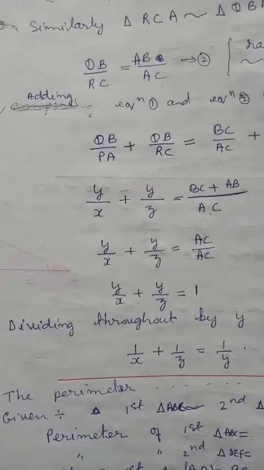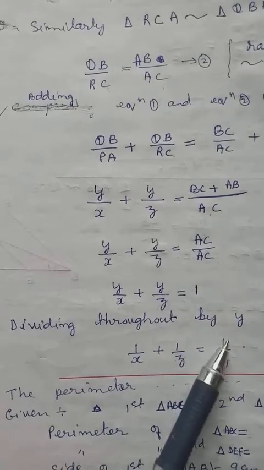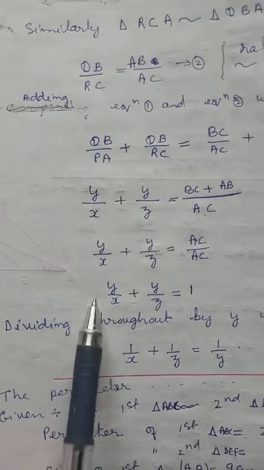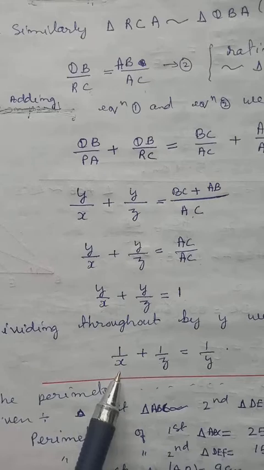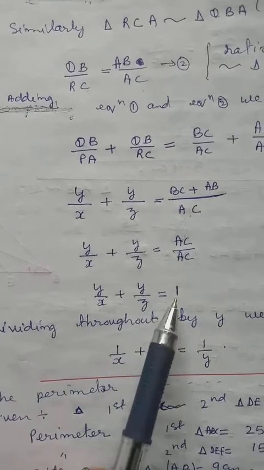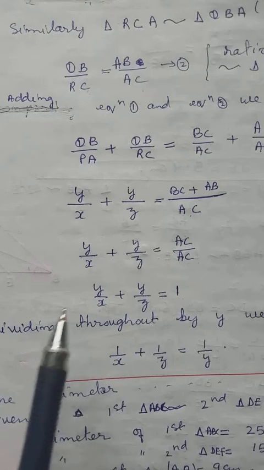Now we want to prove 1 by X plus 1 by Z equals 1 by Y. So what to do? We divide throughout by Y. Y gets cancelled, and we are left with 1 by X. Y divided by Y, 1 by Z, and 1 by Y, which is the required proof of the equation.